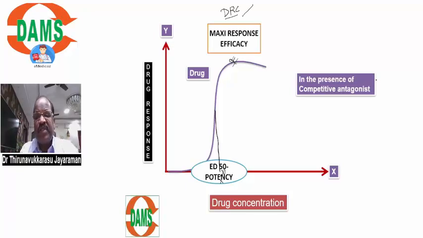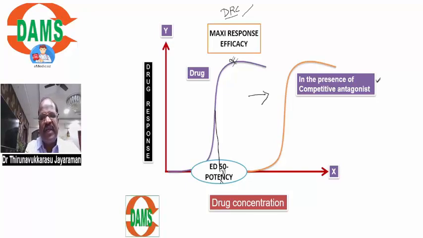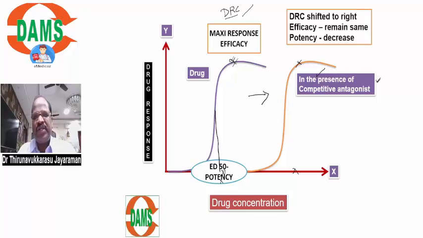In the presence of competitive antagonism, the dose response curve will be shifted parallelly towards the right. When shifted to the right, in this case efficacy is same, whereas potency decreases. So answer for the question, in the presence of competitive antagonism, DRC shifted right, where efficacy remains same, potency decreases.